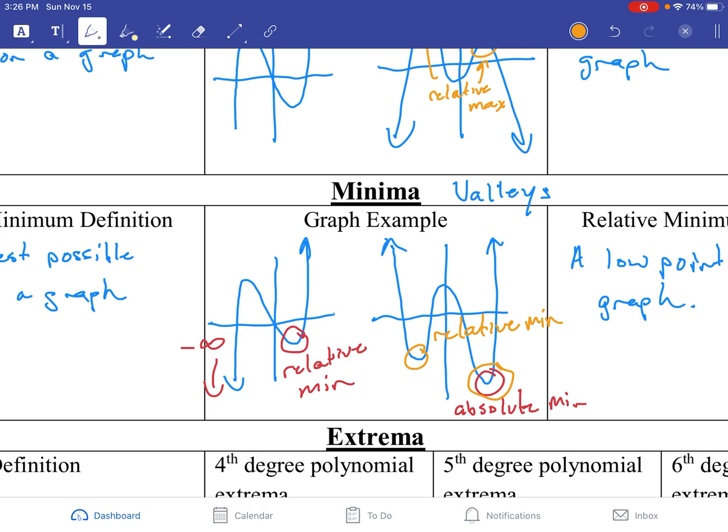Okay, those are both minimums. One of them is an absolute minimum, but they are both relative minimums. Okay, so hopefully you kind of see the connection between relative mins and relative maxes, absolute mins, absolute maxes. Absolutes have to be nothing else can be below them or above them. Okay, relatives can just be a peak or valley in the graph.